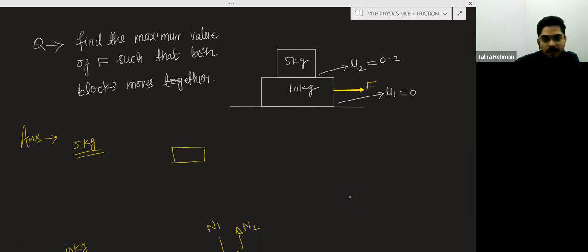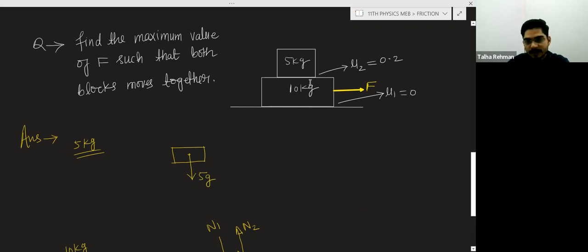On this 5 kg block there is the weight in the downward direction, and this 5 kg block is in contact with this 10 kg block. So basically this 10 kg block will apply a normal reaction. Suppose this is N1 on the 5 kg block.